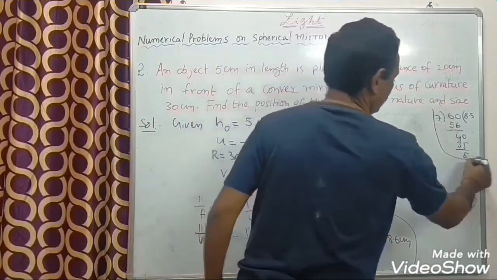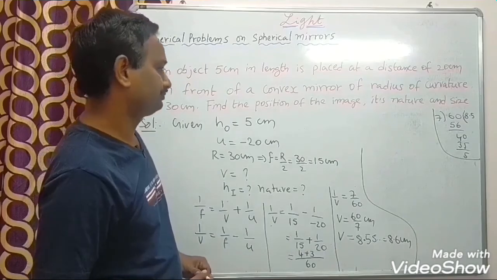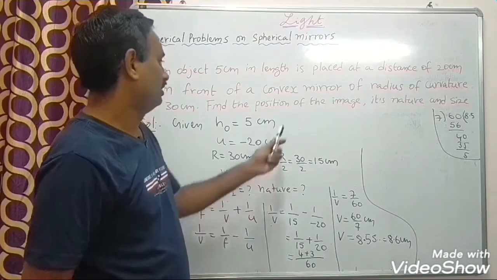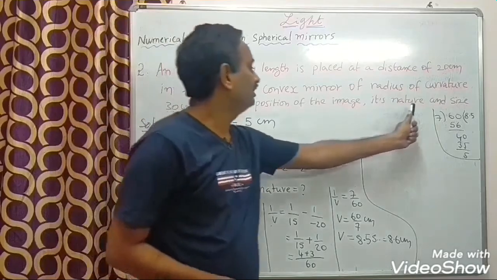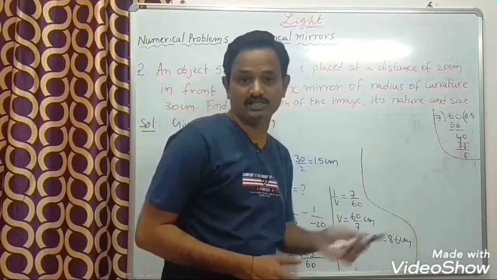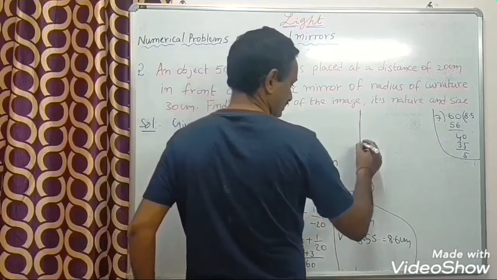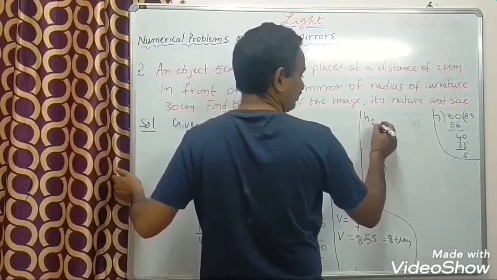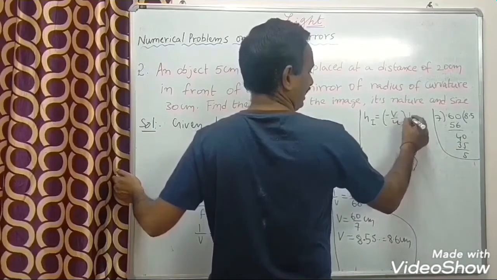Now what do we need to find? We need to find the height of the image. How do we find it? Height of the image equal to minus v by u into height of the object.